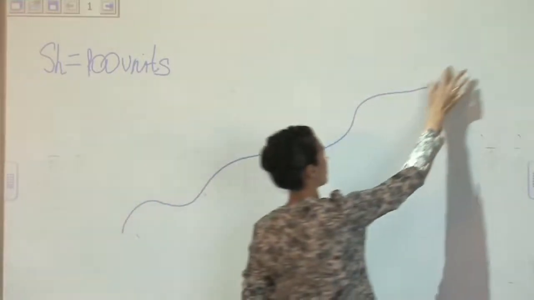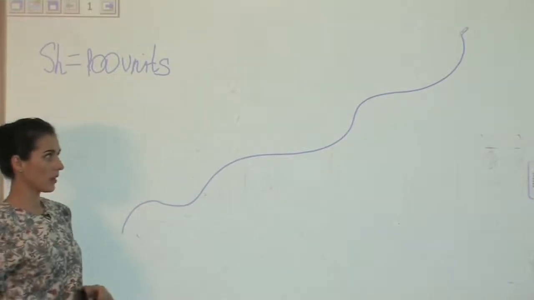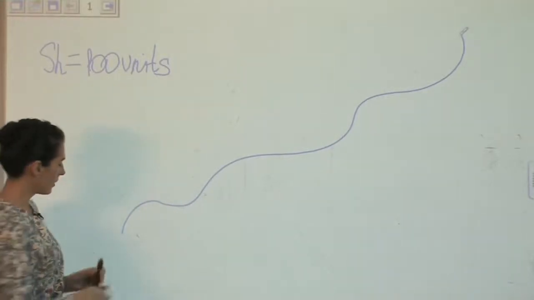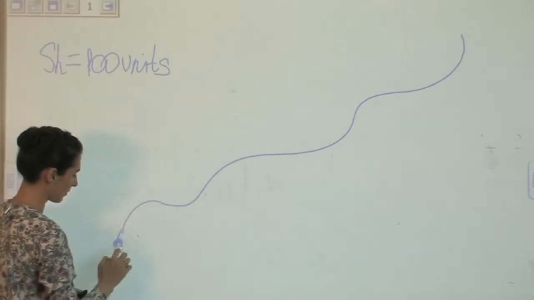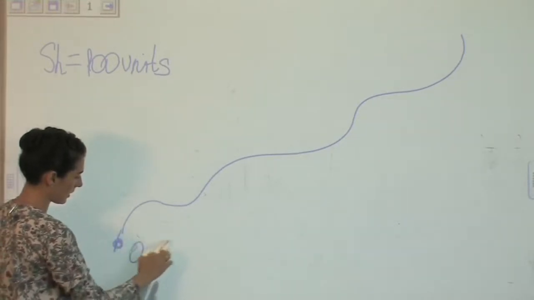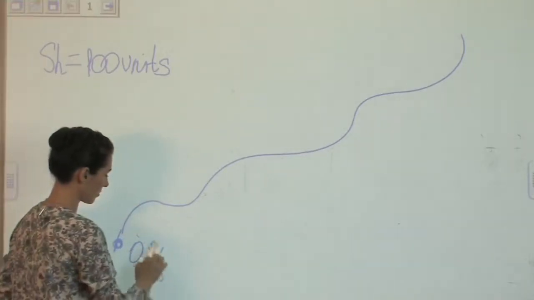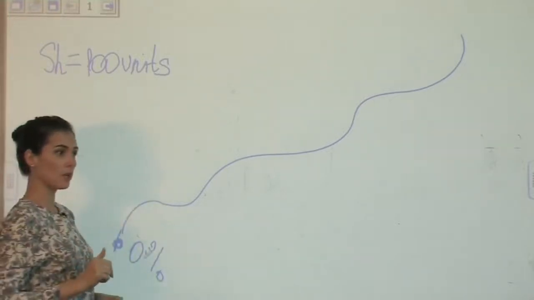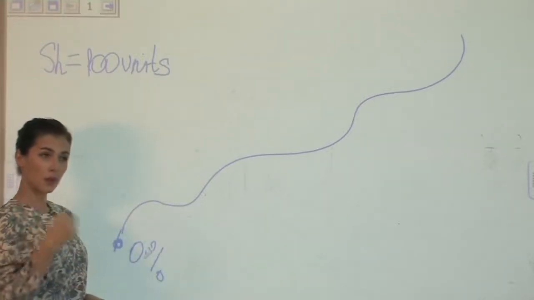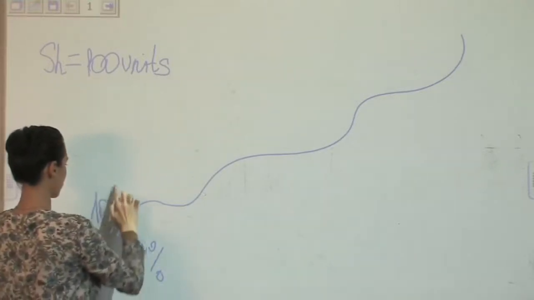So let's draw the graph, the PAMM account yield graph. And here, at the beginning, the yield, or rate of return, is equal to 0%, but at the same time, the share price is equal to 100 units, $100.